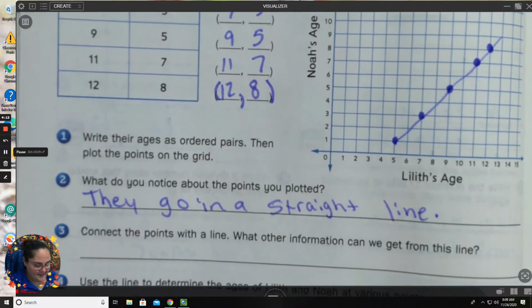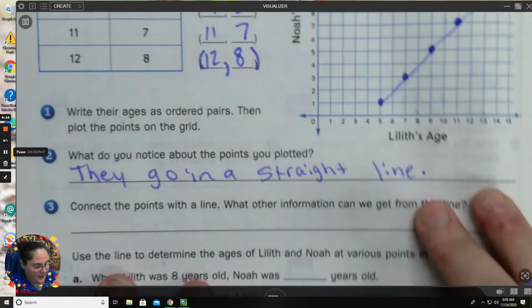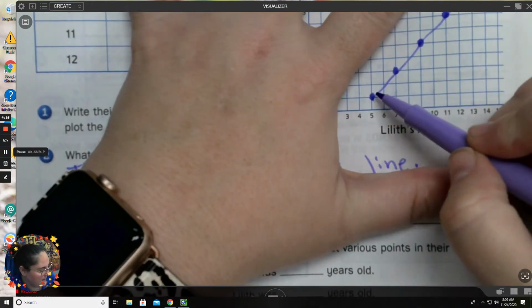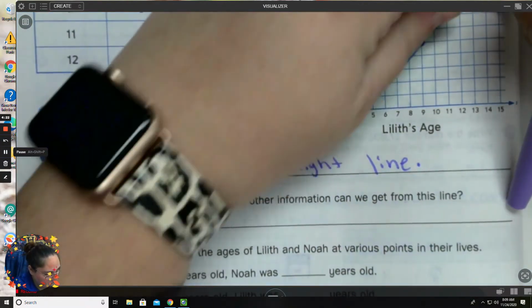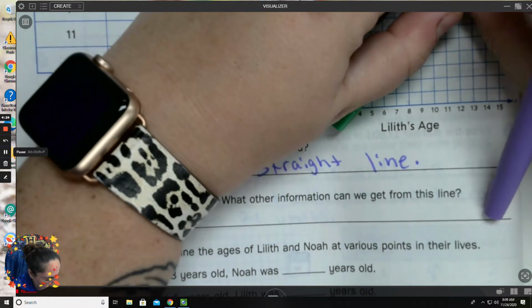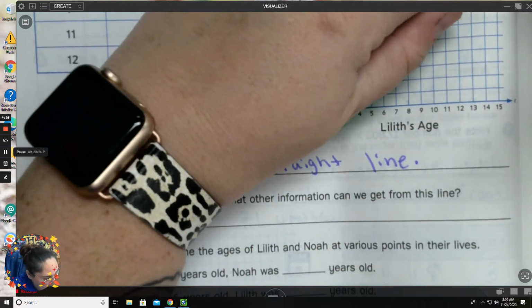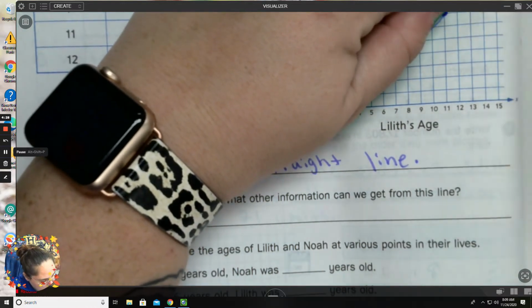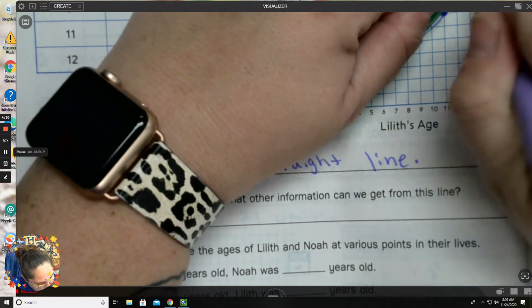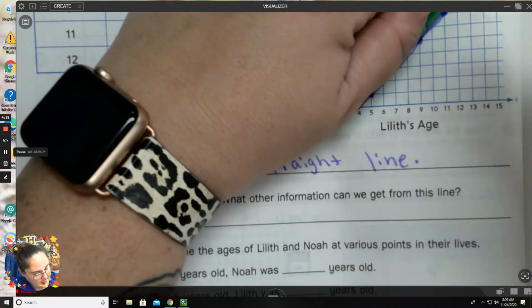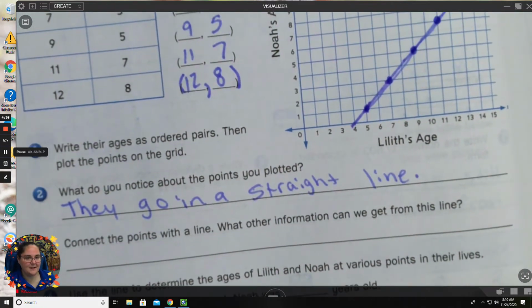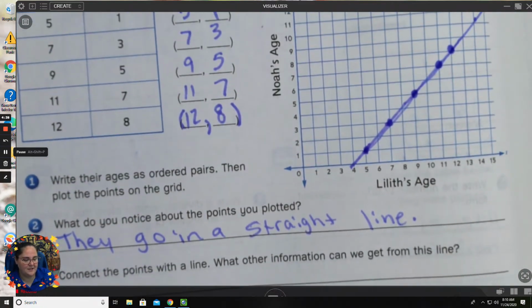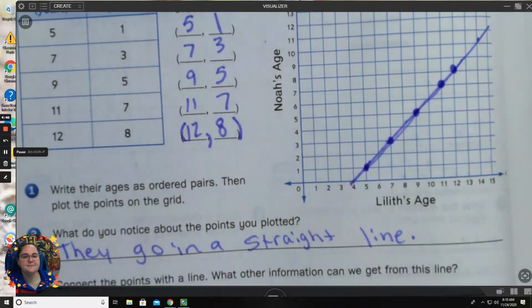All right, it says connect the points with the line. What other information can I get from this line? So I'm going to actually connect these points, but I'm going to make it go a little bit further. And I'm going to use something that's flat because that's going to help me keep it nice and even. What other information can I get from that line?